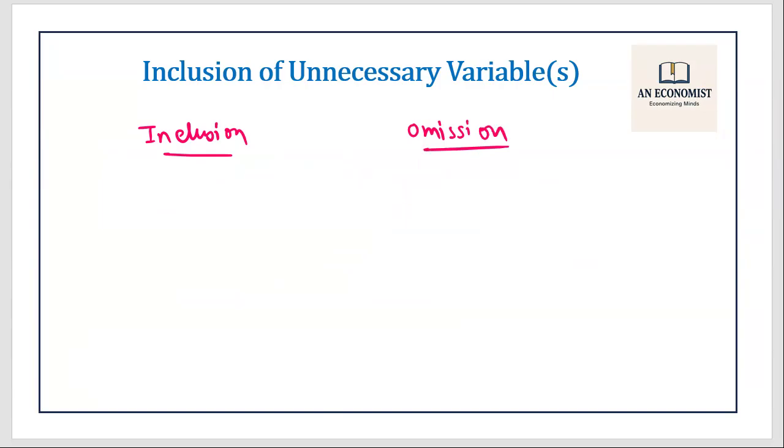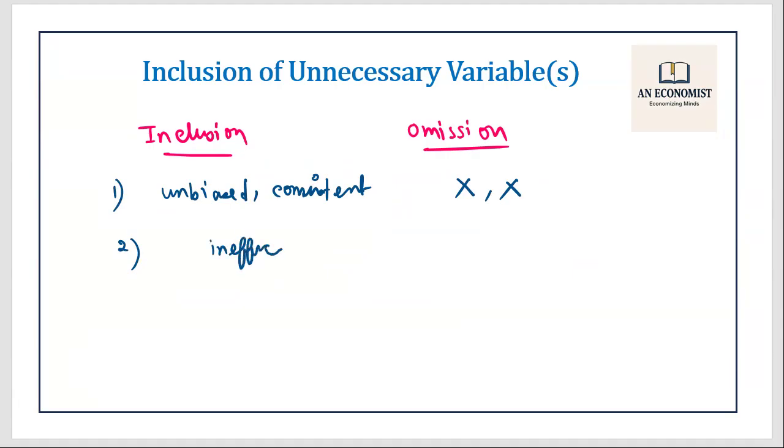In case of inclusion, the estimators are unbiased and consistent, but here it is not unbiased and not consistent. The second consequence regarding the variance: variance will not be the smallest, so it will be inefficient here, and here it is efficient.